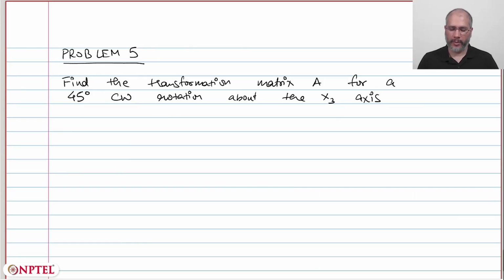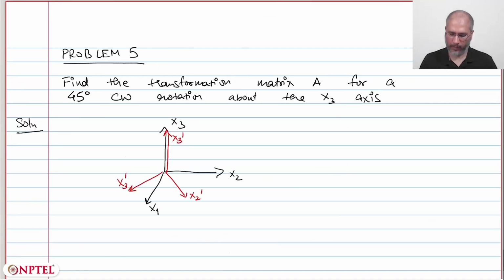So the next problem asks us to find the transformation matrix A for a transformation which is a 45-degree clockwise rotation about the x3 axis. So let us draw this transformation first. So this is what the transformation looks like.